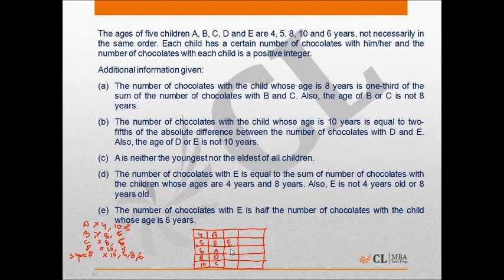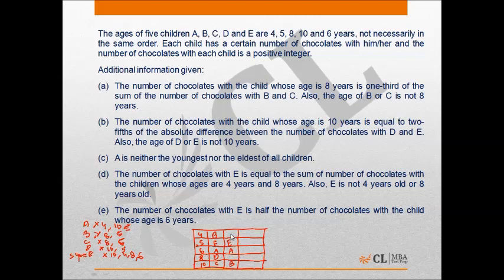Or, as we earlier discussed, the age of B could be either 4 years or 10 years. So in that case, assume it to be 10 years.